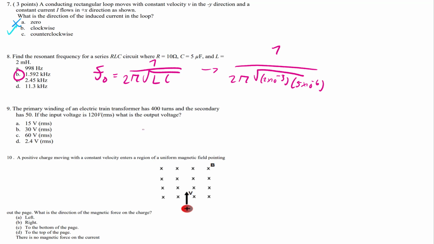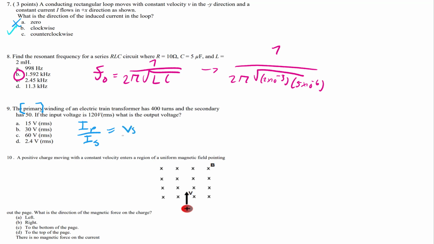So now we have 400 turns, and the secondary has 50 turns. Whenever you're doing these types of problems, it's better for me to say the equation first. We have IP, and then we're also going to have IS. Then we're going to have volts or turns; in this case, I'm going to do volts.